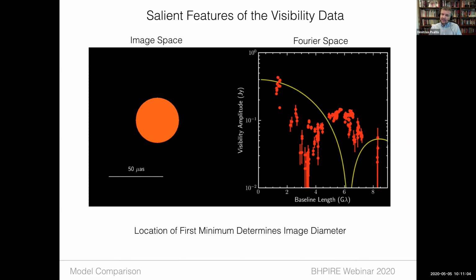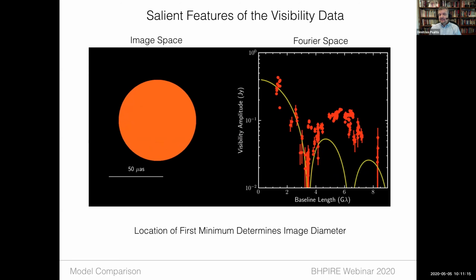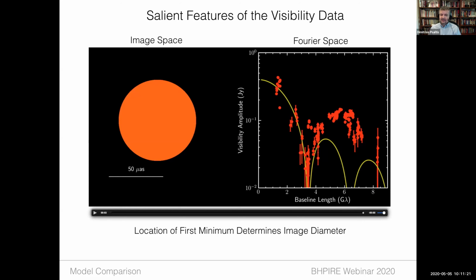How do I need to manipulate the image to make it consistent with the data? Well, the size of the image determines the location of that first deep minimum in visibility amplitude. So by increasing the size of the image, I can shift that visibility minimum until I get the location of that first minimum, which determines the image diameter. But what you see is that the Fourier transform of a filled disk has a secondary maximum that is much lower in amplitude than the data.